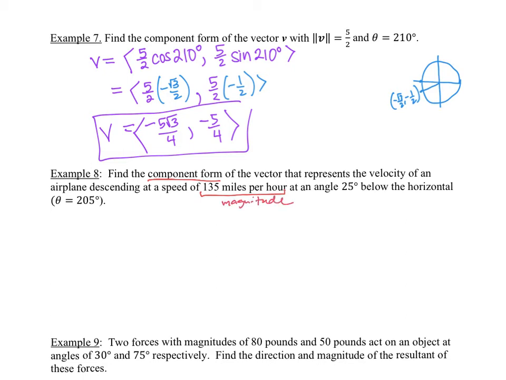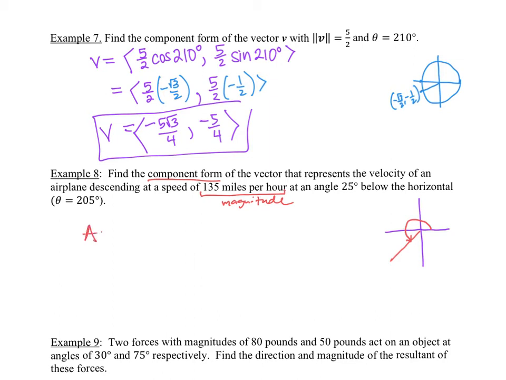Of the airplane. I would not need a picture, but I'll sketch a picture so you can see. Since they told me theta is 205 degrees, that's my direction angle. And they said it's 25 degrees below the horizontal because it is below the 180 degree line for the horizontal, and the magnitude is 135. So the vector of the airplane, what do I call him?